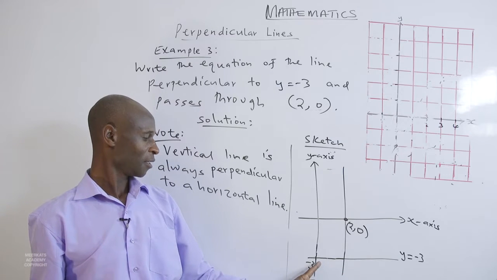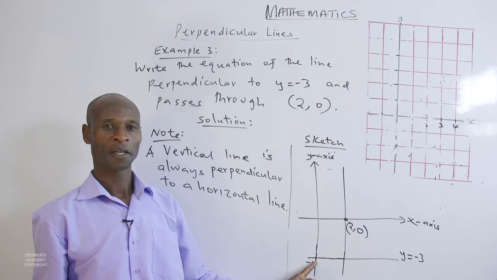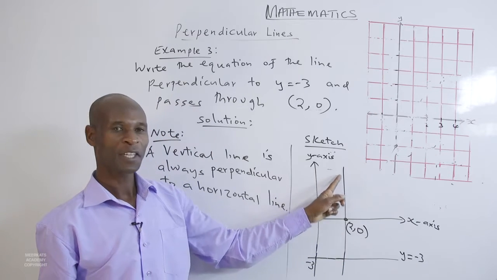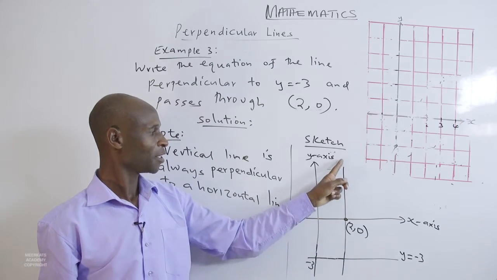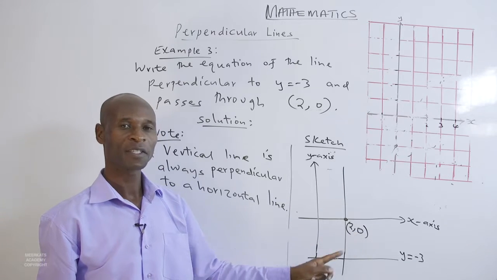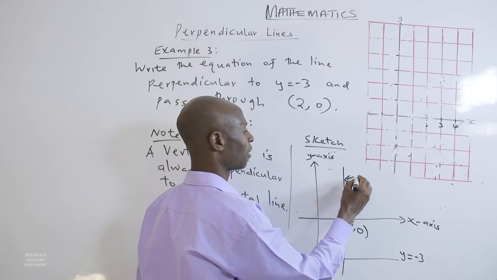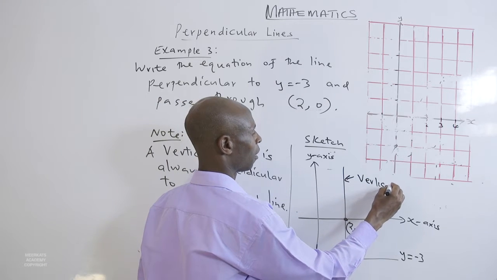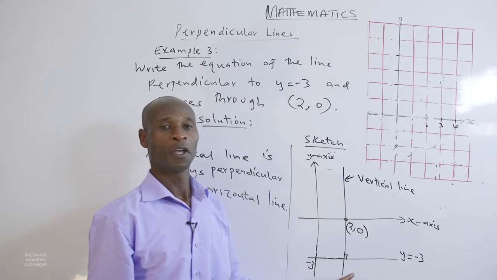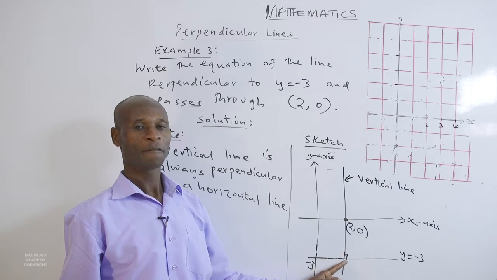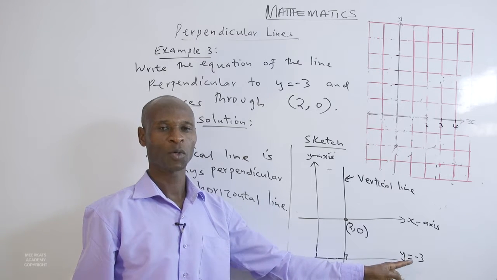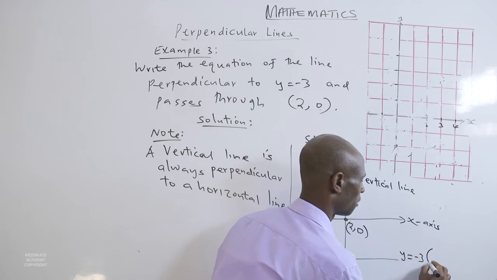So the first line is passing through -3, that means y is equal to -3. Now the second line is passing through the point (2, 0). That means it's a vertical line. It must be a vertical line for it to be perpendicular to the horizontal line y is equal to -3.